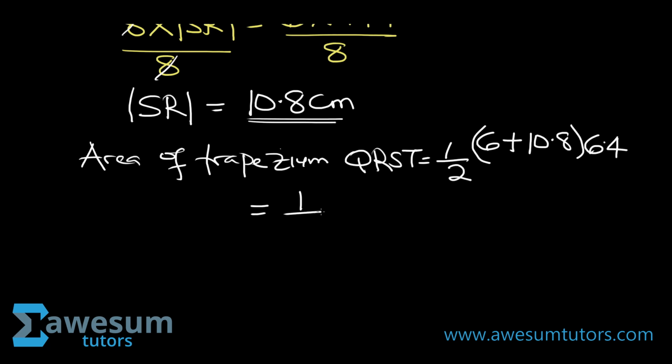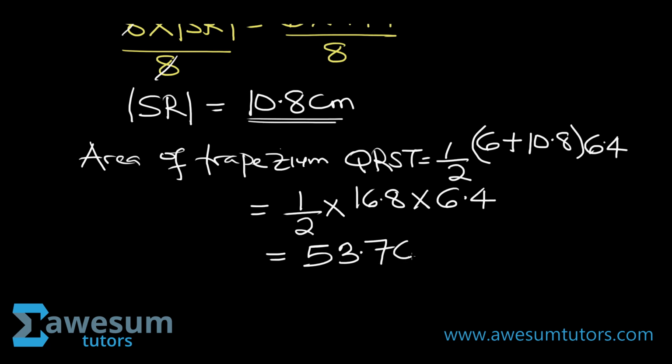So that's going to give us half bracket 6 plus 10.8, 16.8, times 6.4. So if you multiply your numerators and divide by 2, you should be having 53.76, because this is area, it is going to be centimeter square, because the unit is centimeters and area is going to be centimeter square.